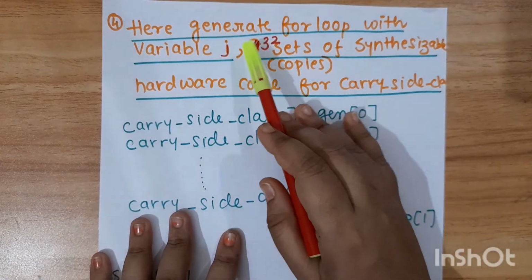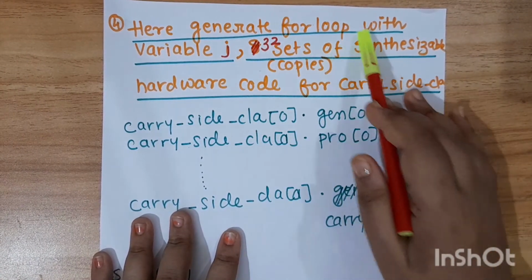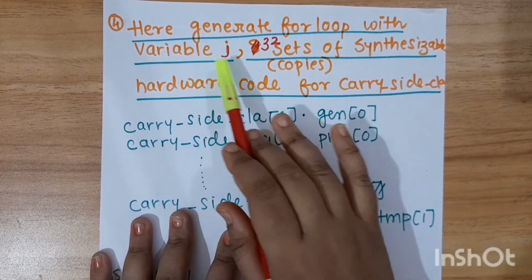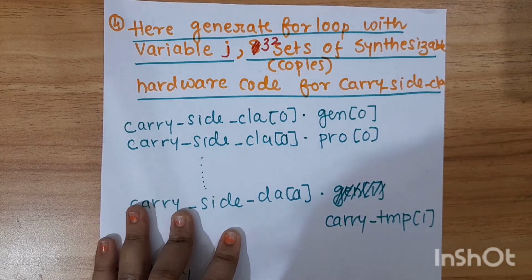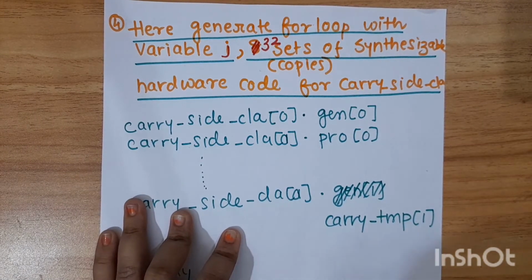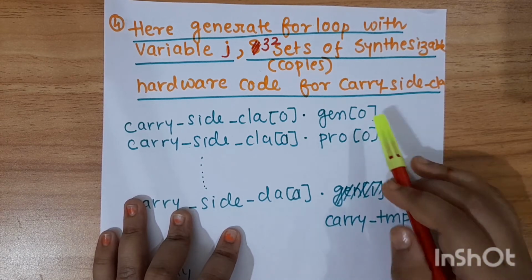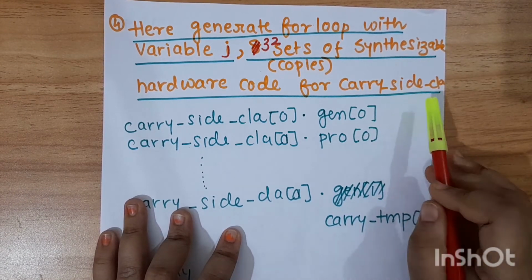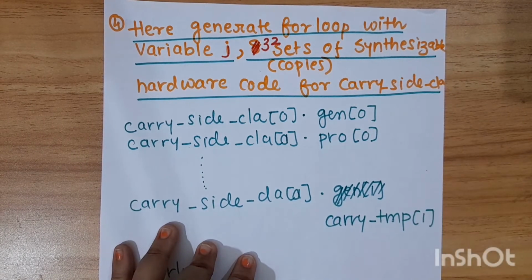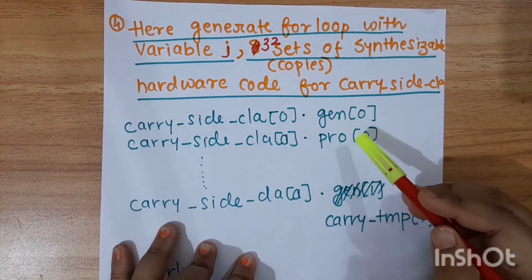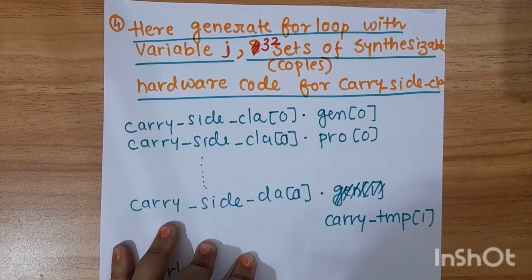Now inside the generate for loop, for variable j, j was of type genvar. So inside the for loop, as the parameter value of data width is 32, 32 sets of carry_side_CLA were getting generated. In each set we were generating the gen, pro and carry_temp.